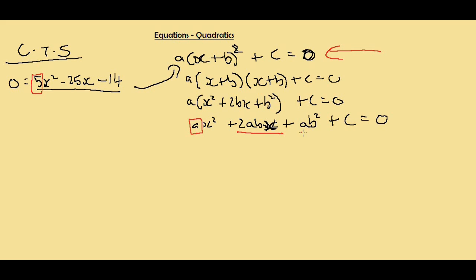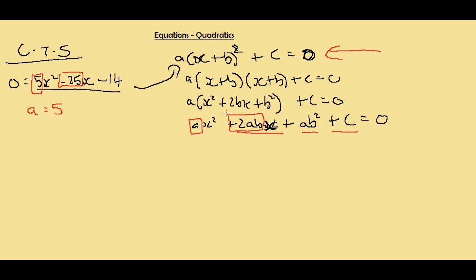So the x squared term is ax squared, but in our question it was 5x squared, so a has to be equal to 5. And if we look at the x term, this minus 25x has to be the same as this 2abx. So that means that minus 25 has to be 2ab.